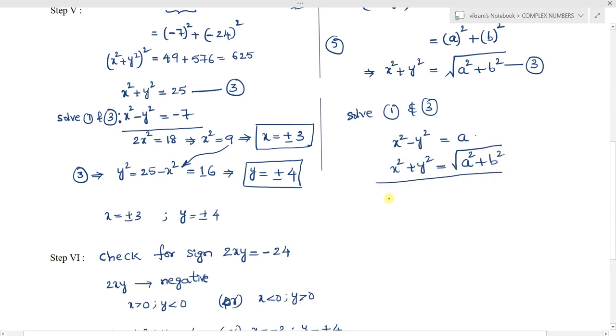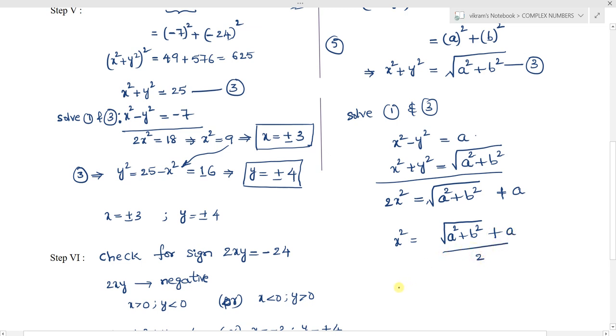If we solve these two, adding them, we get 2x square equals square root of a square plus b square plus a. Now x square equals square root of a square plus b square plus a by 2.